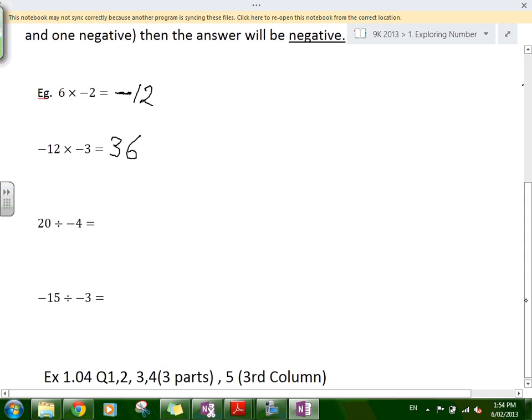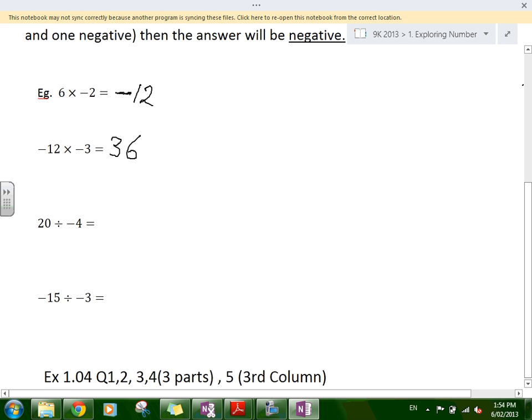Next one, 20 divided by minus 4. The answer is going to be positive or negative?